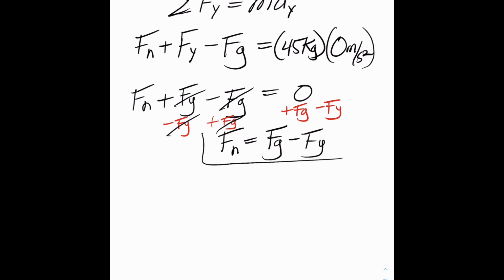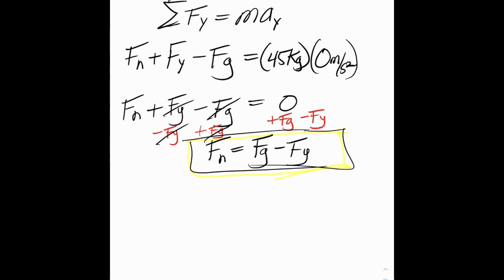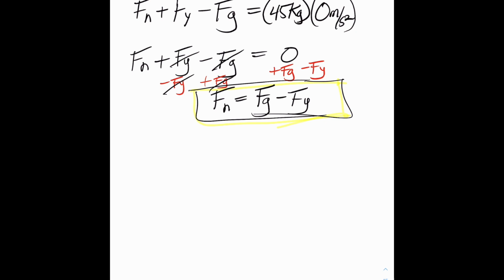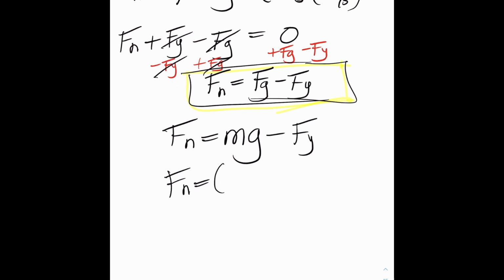It's kind of hard to see. Let me put some highlighter around it, make it a little easier to see. All right, I think we can go a little further than that though, because we do know Fg is mg, so Fn equals mg minus Fy. Fn is equal to, what was that mass? 45, yeah, okay.